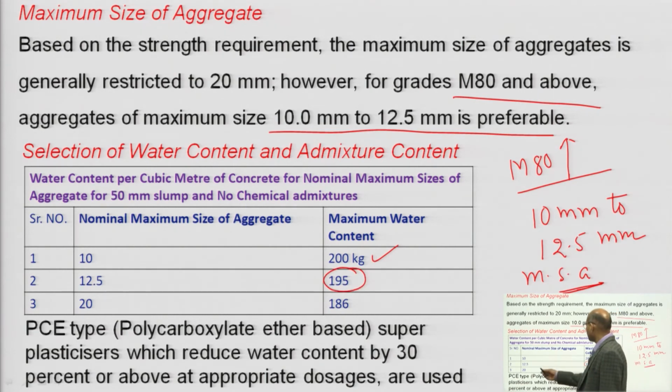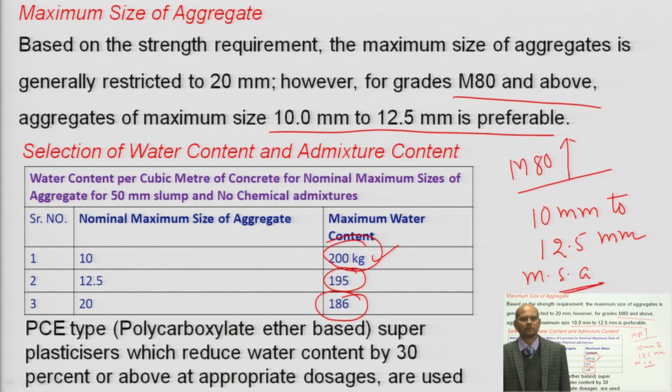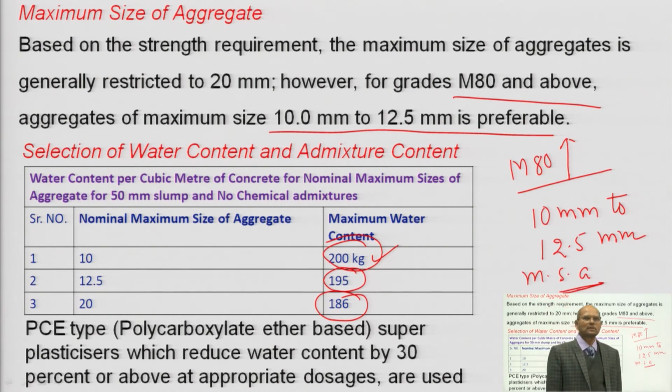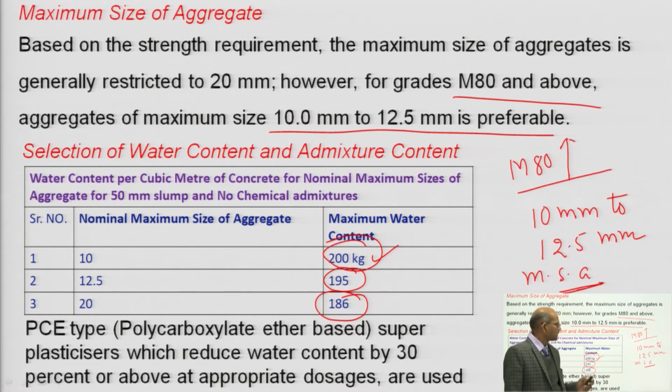If you are using 20 mm, then you have to use 186 kg of water per meter cube. We generally use polycarboxylate ether based superplasticizer, which will be able to reduce the water demand by about 30%. That also you can consider after the trial.